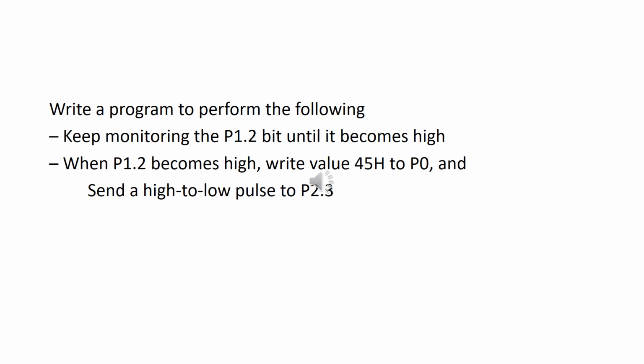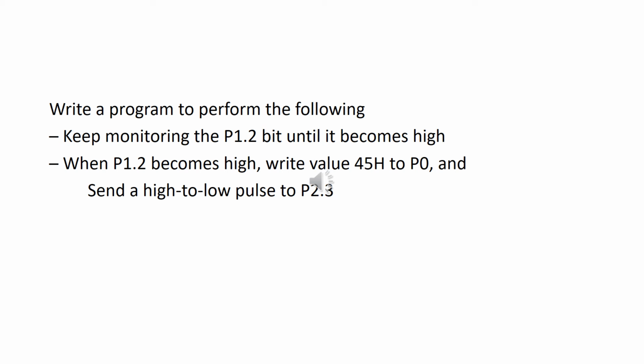That means we should keep on checking P1.2, that is port number 1, bit number 2. When it becomes high, 45H must be sent to the output port, I/O port P0, and similarly to port number 2, pin number 3, a high to low signal is to be sent.